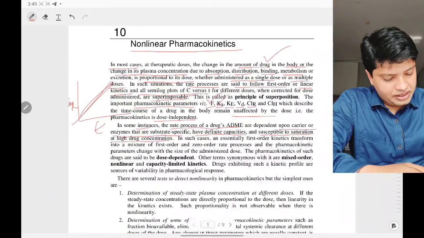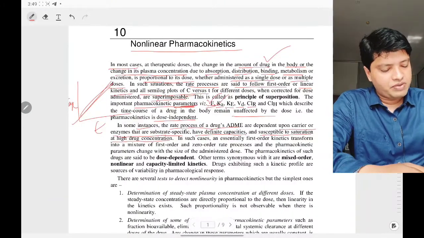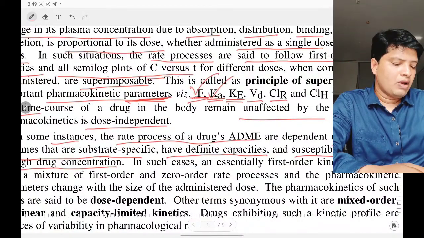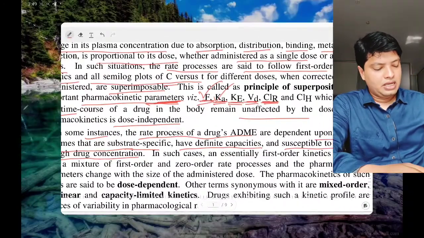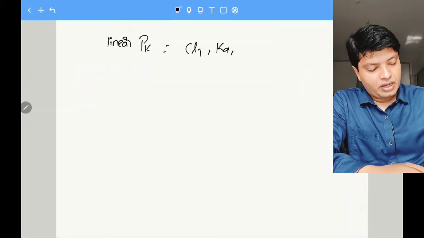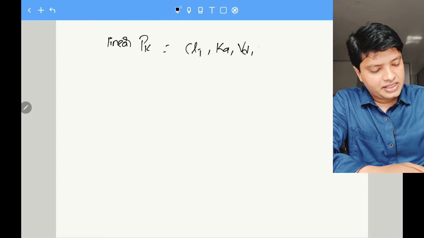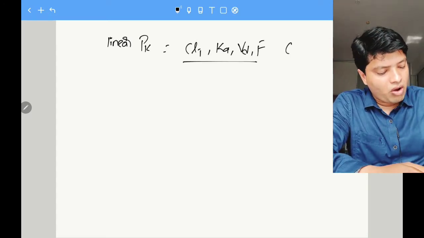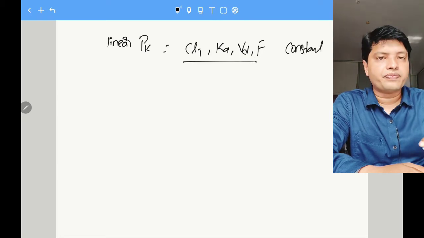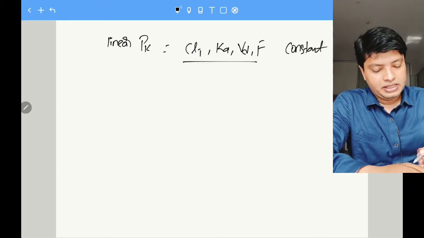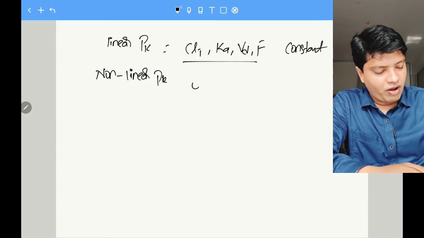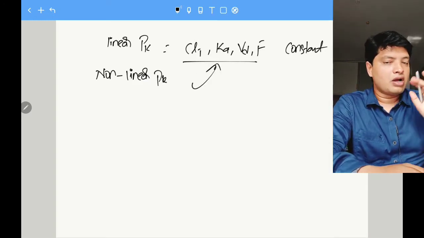Whatever the pharmacokinetic parameters we have, like fraction absorbed, absorption rate constant, elimination rate, volume of distribution and clearance. Okay, so it says volume of distribution, fraction absorbed, clearance. All these pharmacokinetic parameters are constant in case of linear pharmacokinetics. In case of non-linear pharmacokinetics, these pharmacokinetic parameters are not constant.